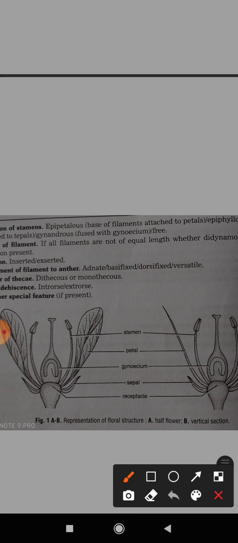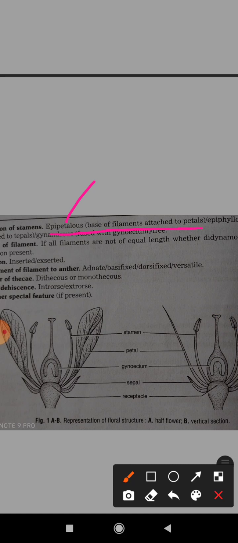Now, if the stamen is attached to the petals, then we use the word epipetalous, right? So when you are writing or explaining the floral diagram or the floral formula, we will come across certain flowers which are epipetalous, right?